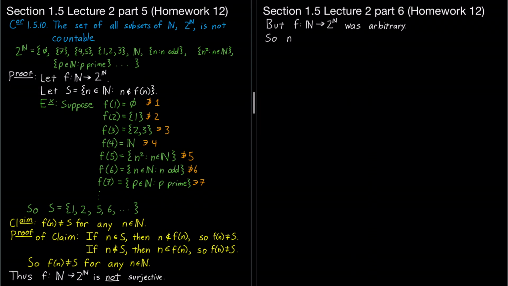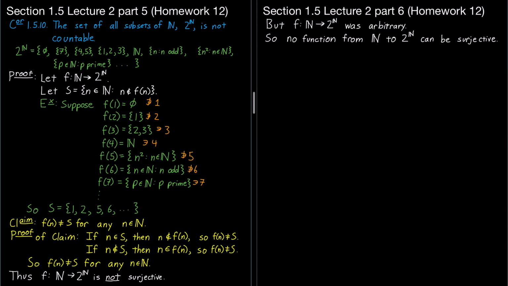So no function from the natural numbers to its power set can be surjective. If it was, we'd be able to construct this S that it doesn't hit, and that can't happen.